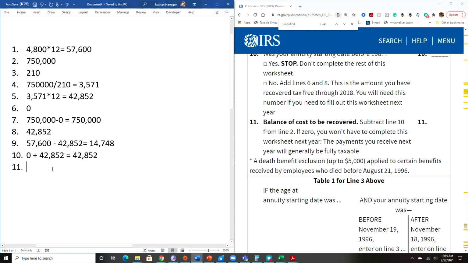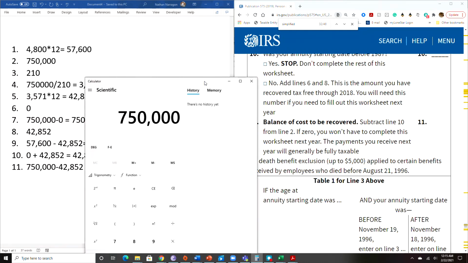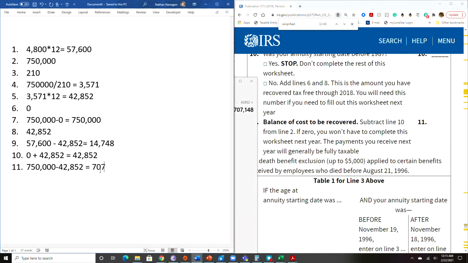So they're saying take 750,000 minus 42,852, so 707,148.